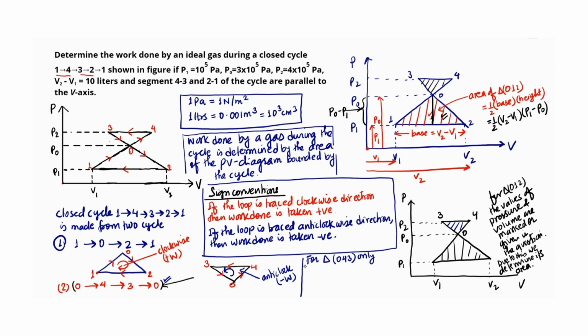Only the values of pressure we can see: the pressure corresponding to 0 is P0 and the pressure corresponding to 3 and 4 is P2. The values of pressure are marked or given.